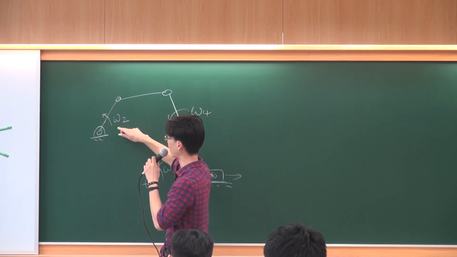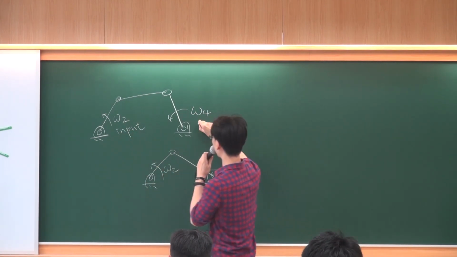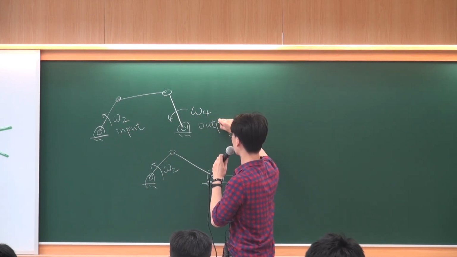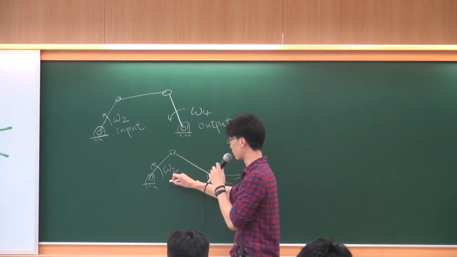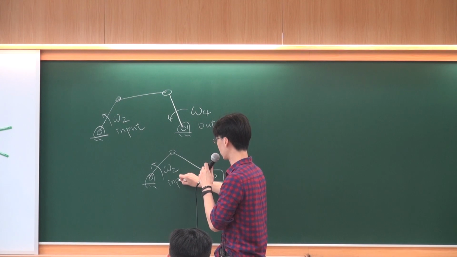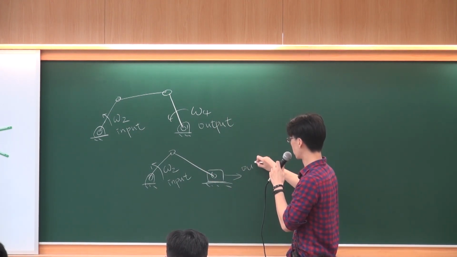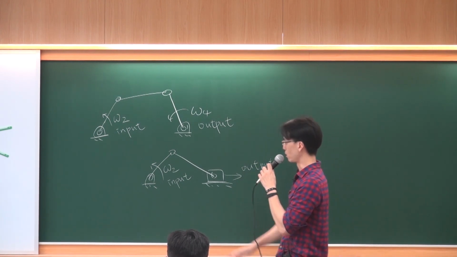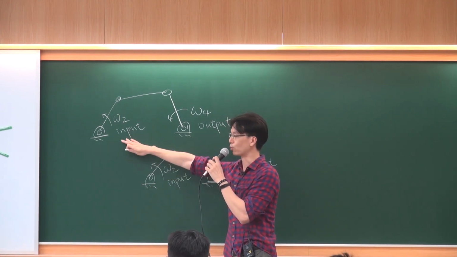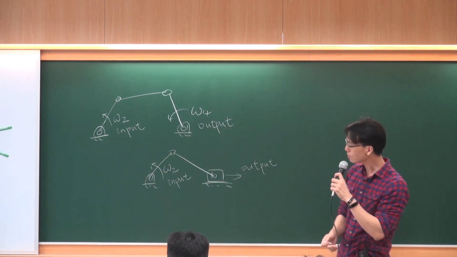Let's say omega 2 is the input, and omega 4 is the output. Or in another case, we use this one as the input, and this one as the output. If I use this one or this one as input, I may install a motor here or here.